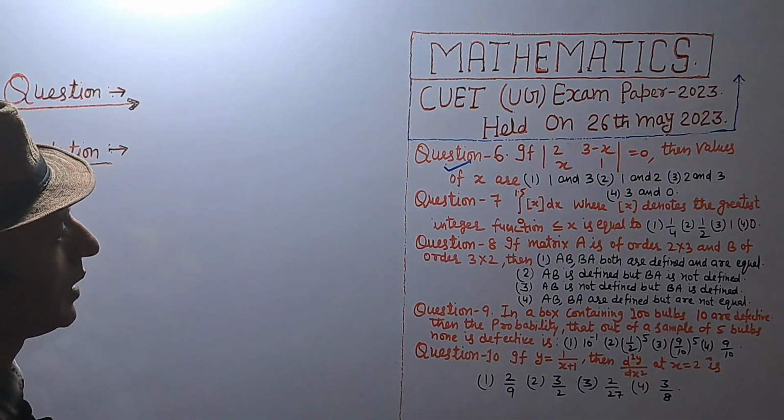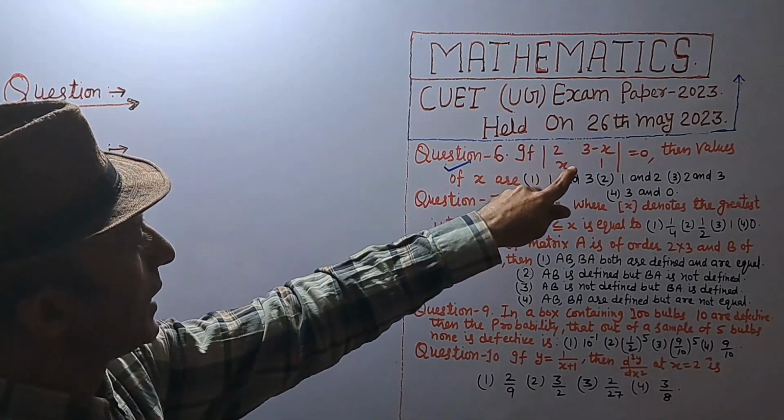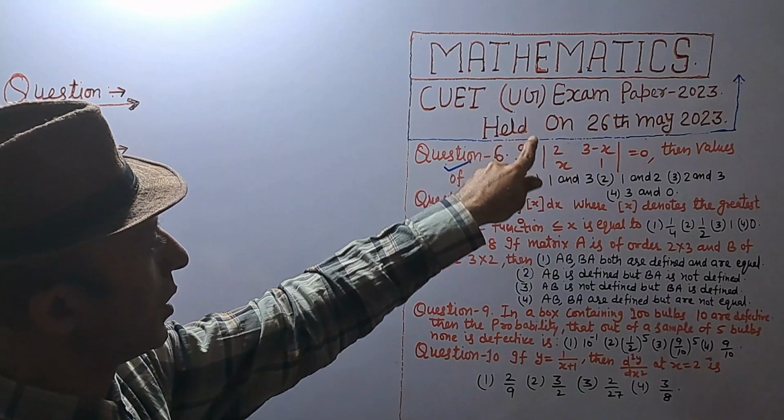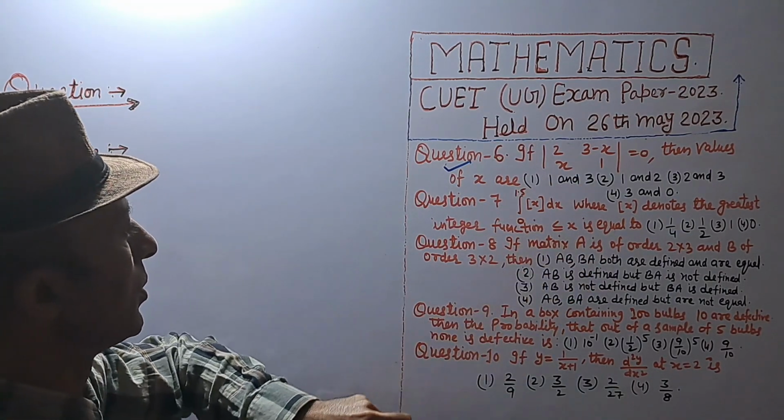Question number 6: we are given that the determinant of the matrix with rows (2, 3 minus x) and (x, 1) is equal to 0. Then what is the value of x?